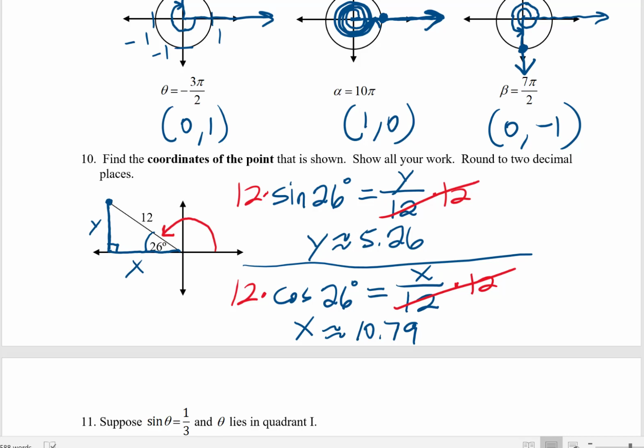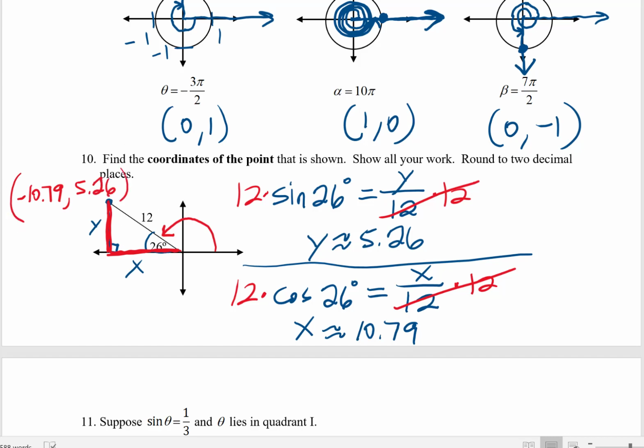I just have to remember when I go back to my picture that clearly x in this picture is a negative value. It's going to the left. So when I write down my final coordinates of this point, it's not going to be positive 10.79. It'll be negative 10.79. The y is positive. In the second quadrant, the y has a positive value, so I can go ahead and use the 5.26.